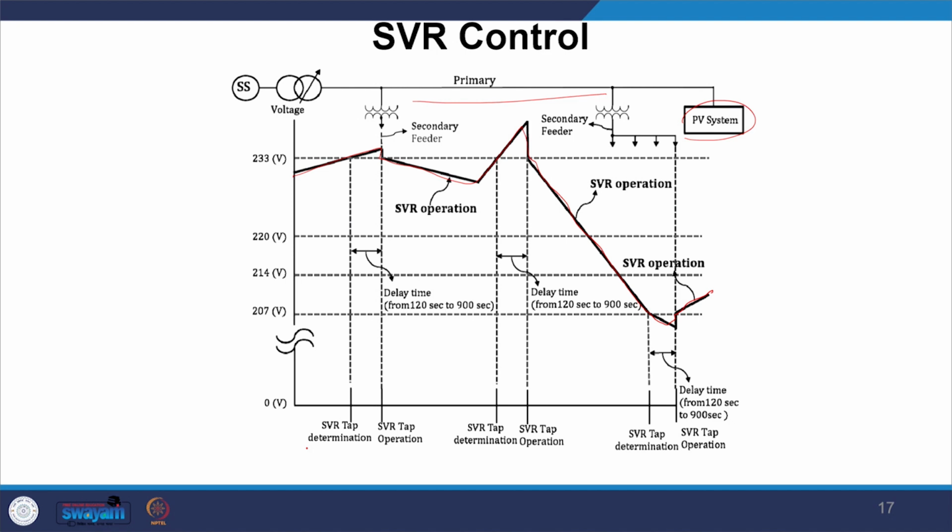The target is actually the primary line should not force your load bus to experience severe voltage drops. So this is how actually the SVR tap determination happens at this point of time. This is SVR tap operation, and different levels again determination and operation, finally determination and operation.